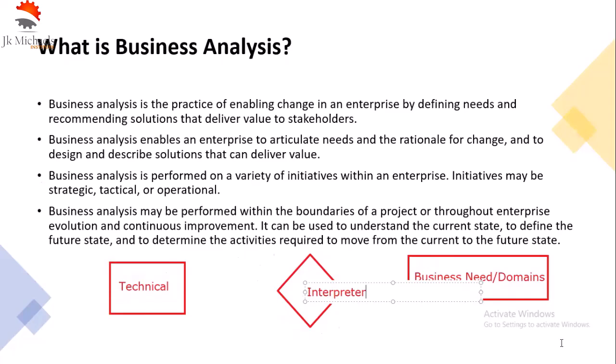The BA will collect requirements from one side, make sure he understands it, and takes it over to the other side. He understands what the business needs, right? I think I should be able to have some arrows to make this possible. He understands what the business needs, right? And then he takes it over and interprets it so that the technical people can build what will satisfy the business.